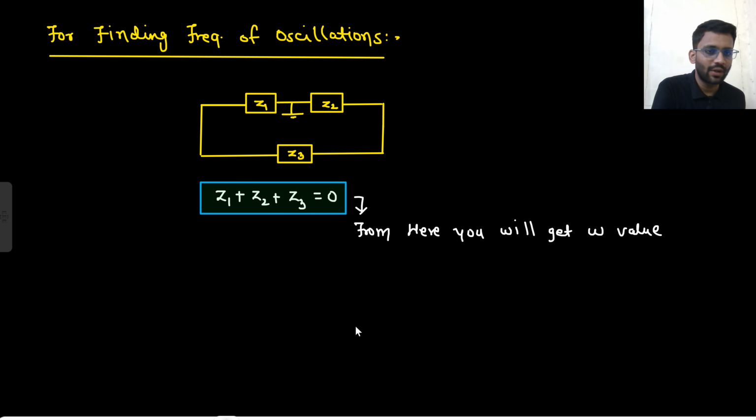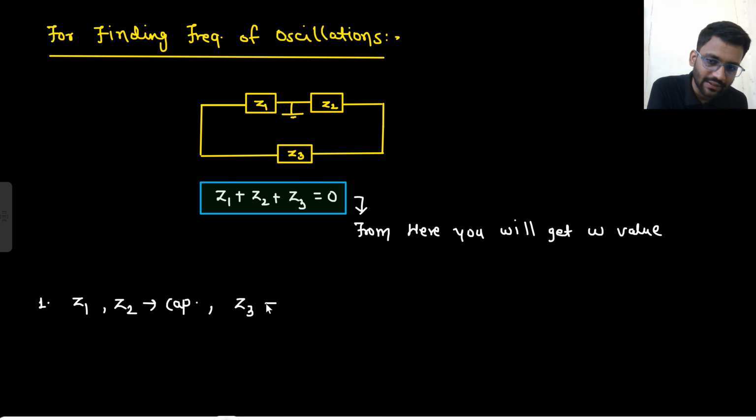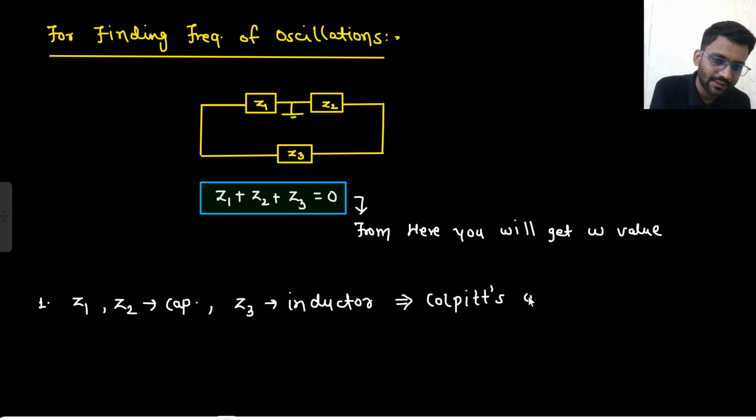Now, there are two kinds of oscillators, Colpitts and Hartley. If your Z1 and Z2 both are capacitors and Z3 is an inductor, then it is known as a Colpitts oscillator.